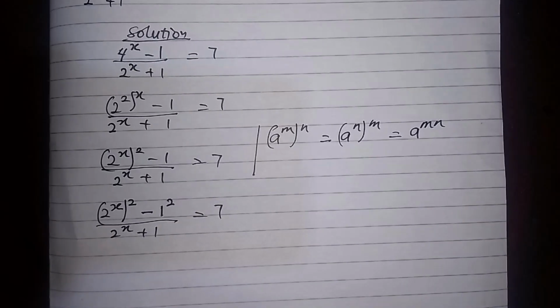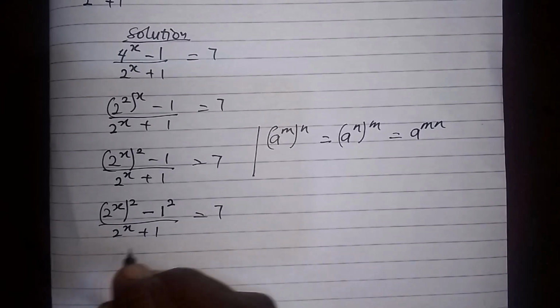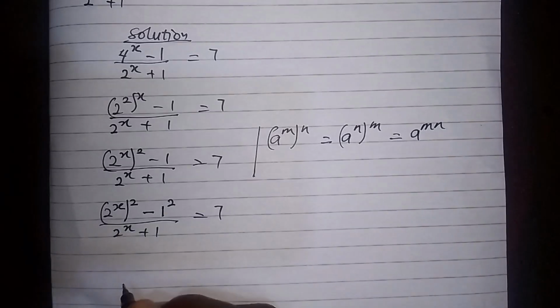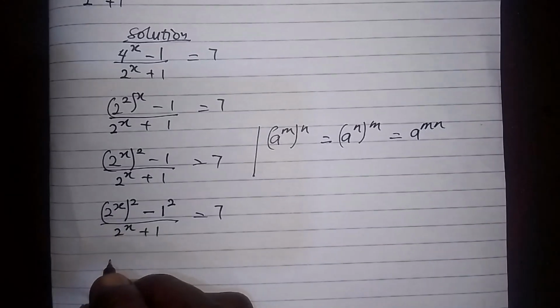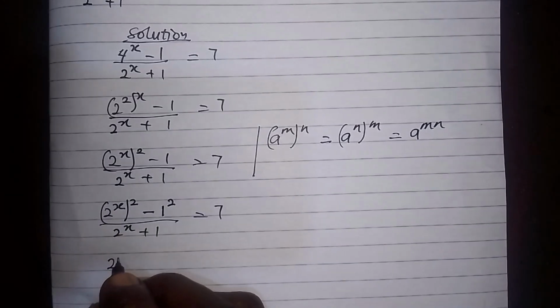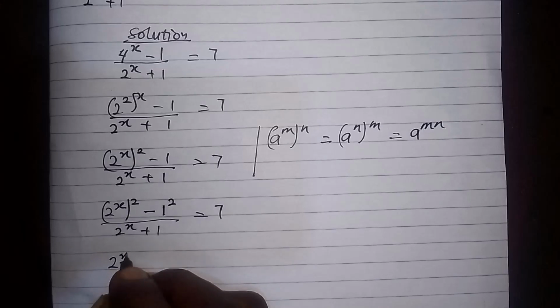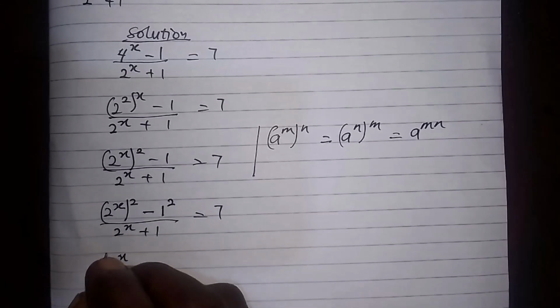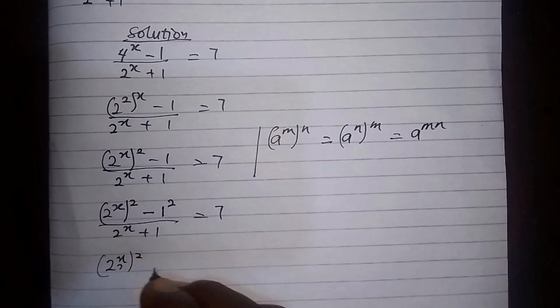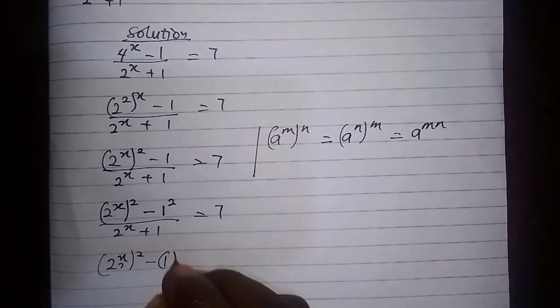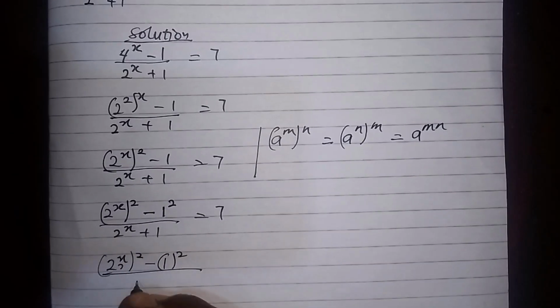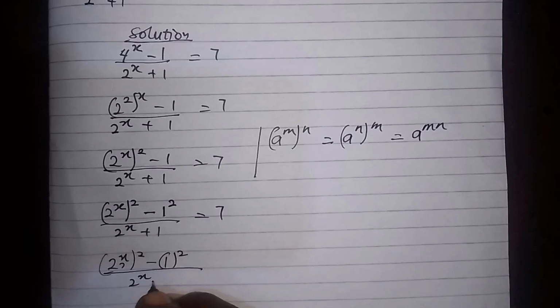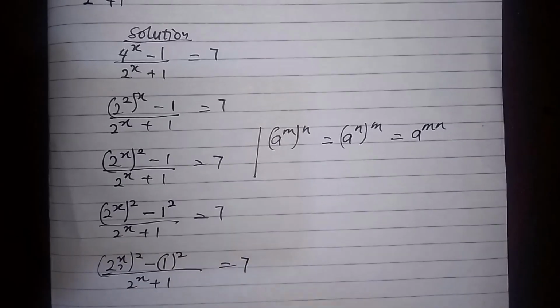From this, we can write this as difference of 2 squares. So this is giving us 2 to the power x all squared minus 1 all squared all over 2 to the power x plus 1 equals 7.